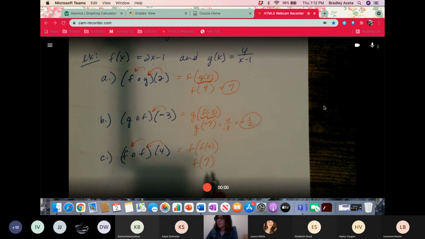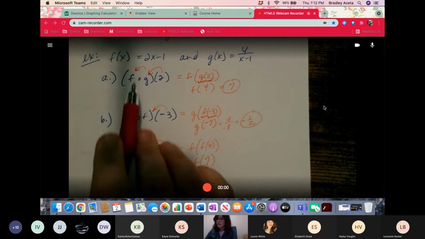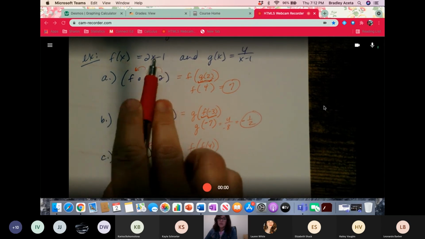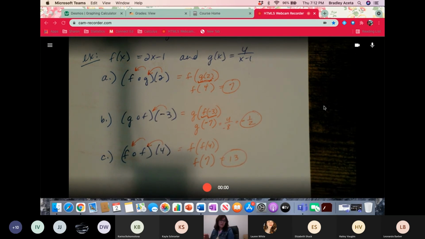But now I'm going to plug it back into the f again. Now I want to plug 7 back into the f again. So that would be 7 times 2 minus 1. 7 times 2 minus 1 is 14 minus 1, which is 13. And that's how you do very simple ones with numbers, f o g and g o f with numbers.